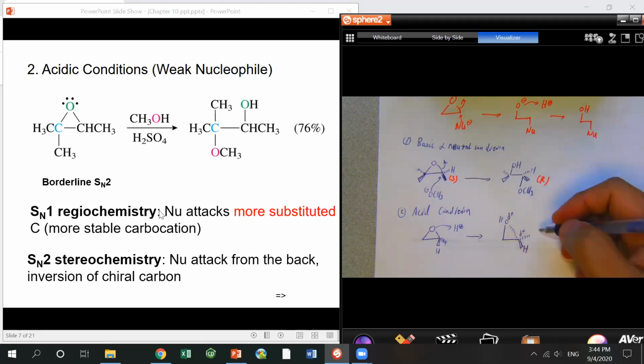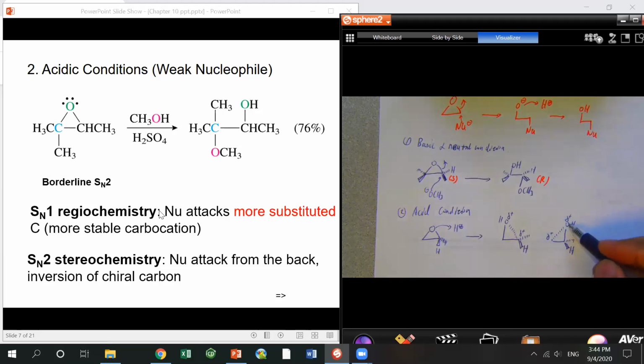That is one intermediate. For the other intermediate, the bond between oxygen and the left carbon breaks, and the positive charge is shared with the left carbon. So that's the case.